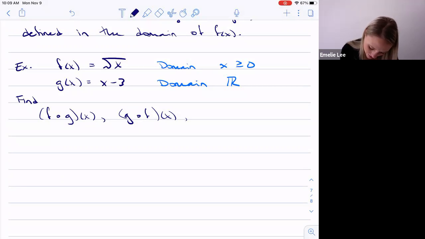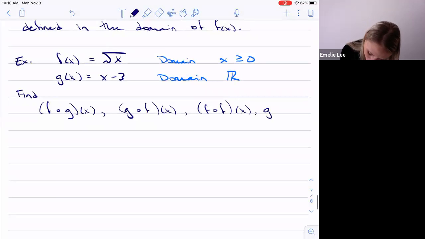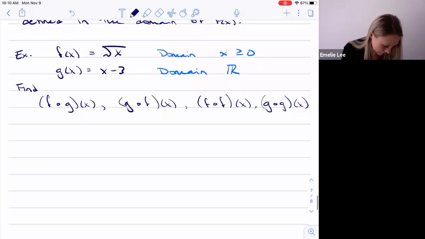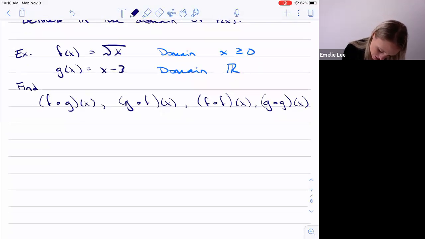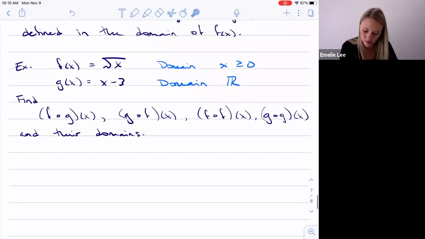I can also do a composition of f composed with f of x and g composed with g of x. So find these and their domains. It's helpful to find the individual domains, and then we can kind of rely on that later.